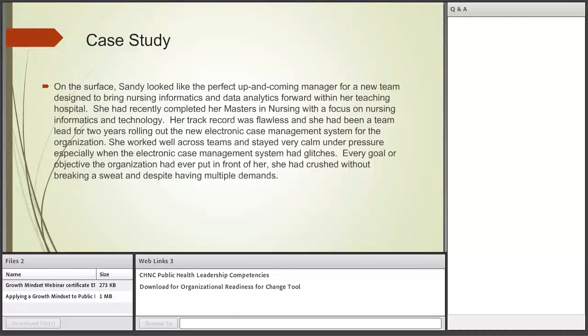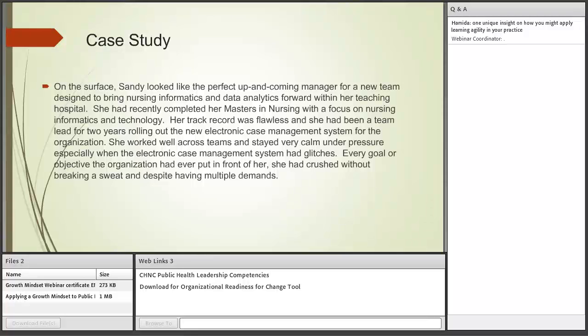I'd like to read this case study and then share some thoughts on what components of learning agility I thought Sandy, our case study character, displayed, and what learning agility components she may want to work on in her future. So I'll read this out.